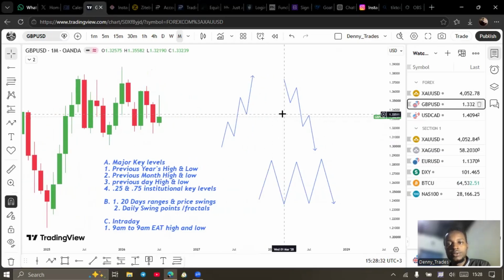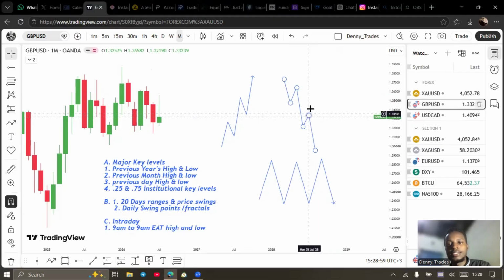So let's go to when price is trending lower. When price is trending lower, it's making lower lows and lower highs, which means this low is lower than this low, which makes it a lower low. And this high is lower than this high, which makes this a lower high.